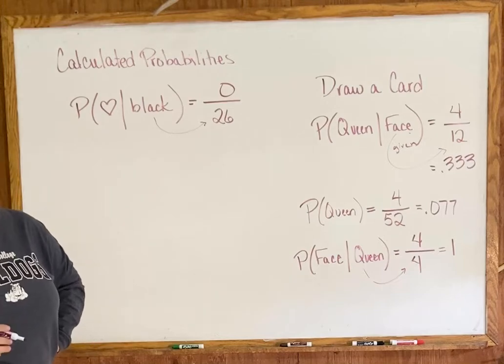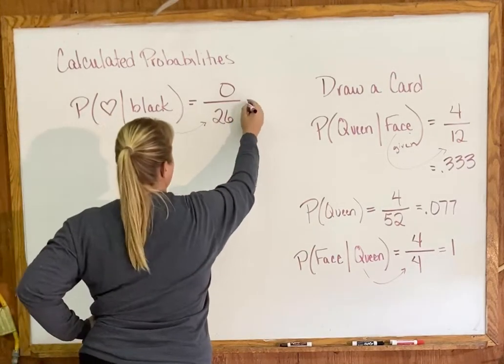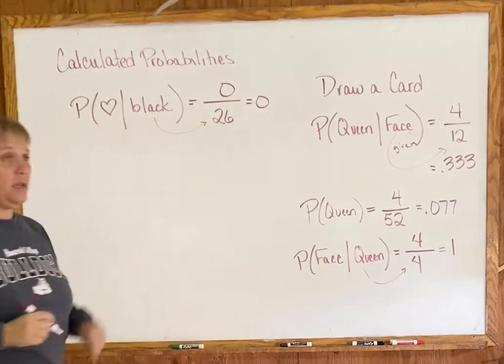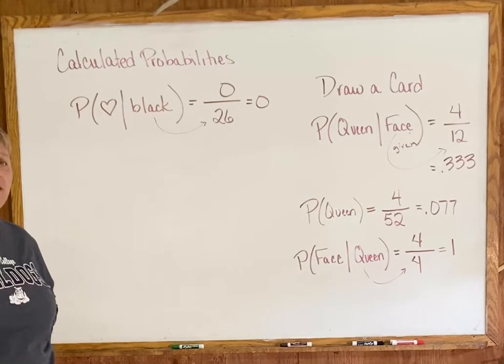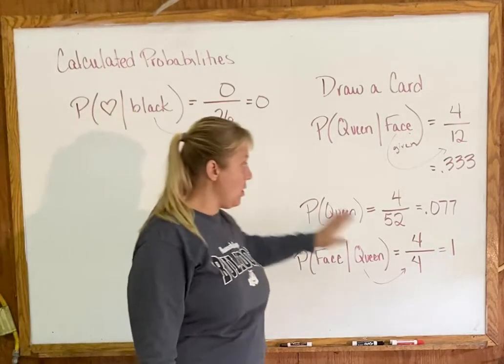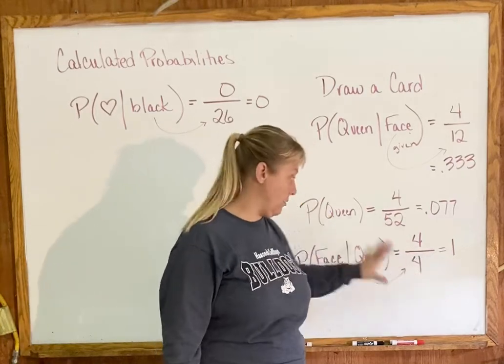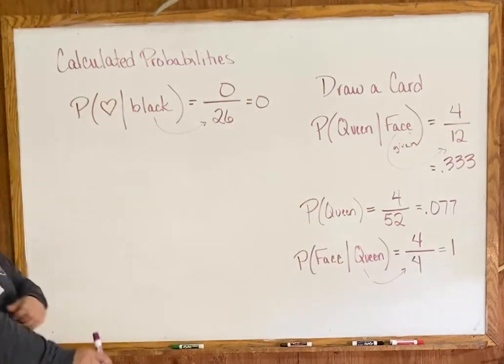Right? 0 of them are hearts. So in the end, if you want a heart, but you know it's a black card that's coming, things aren't looking too good for you, okay? So it's definitely possible with these givens to get 0% or 1 or 100%, okay? It's definitely a possibility.